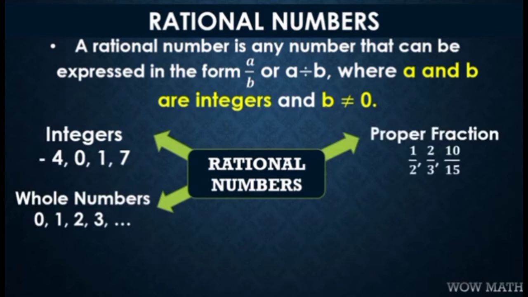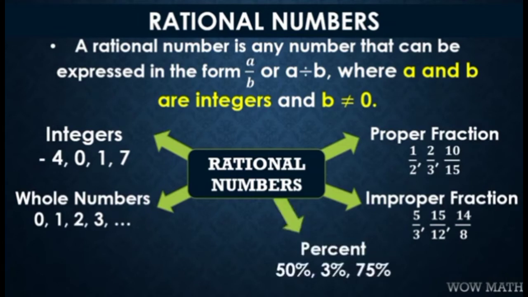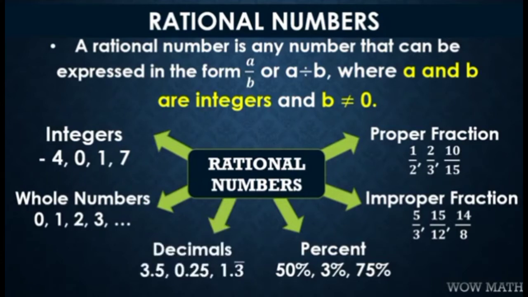Another example, proper fractions, where we have 1/2, 2/3, 10/15. We also have improper fractions, 5/3, 15/12, 14/8. Percent, we have 50%, 3%, 75%. And for decimals, we have 3.5, 0.25, and 1.3 with a vinculum.